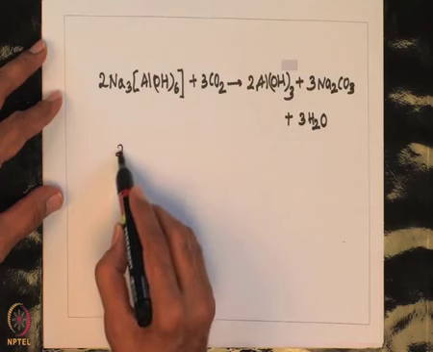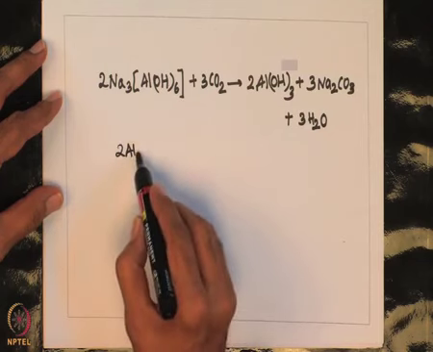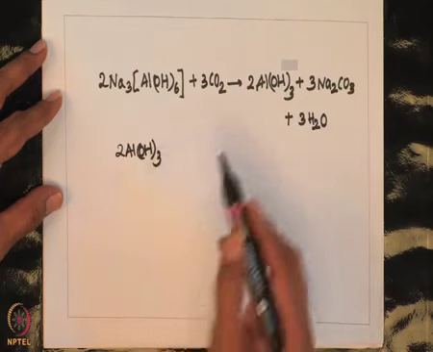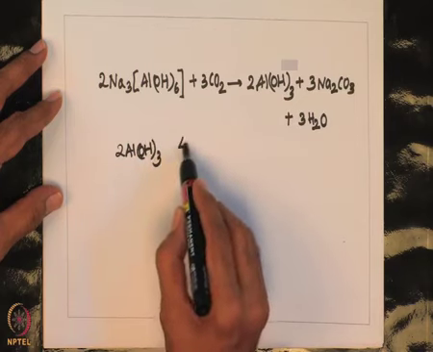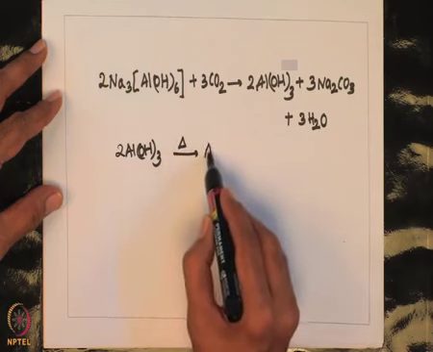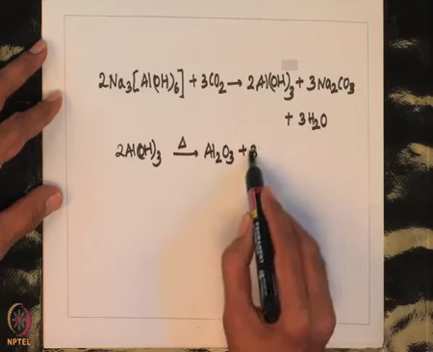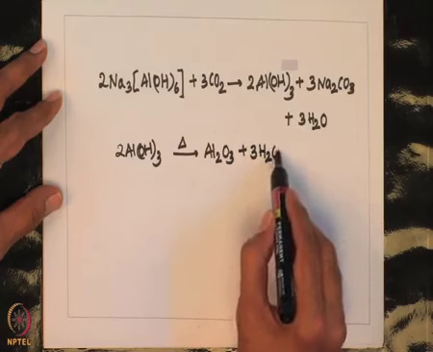So, this aluminum hydroxide on heating forms alumina. So, the next stage is the formation of pure aluminum from aluminum oxide. It is performed by the electrolytic method.